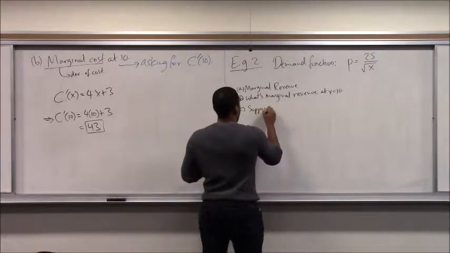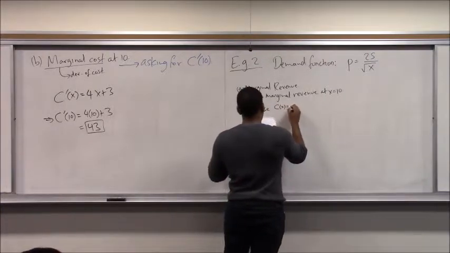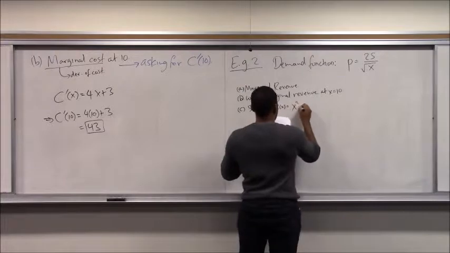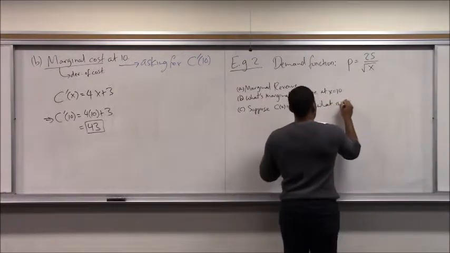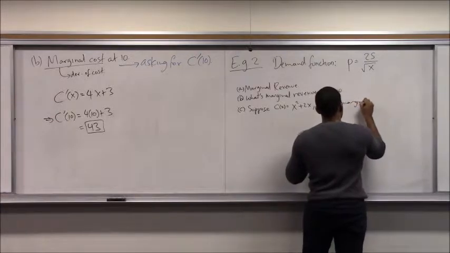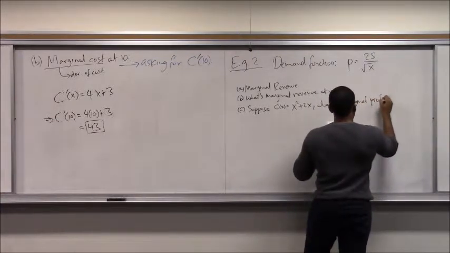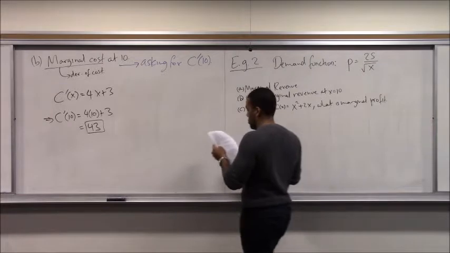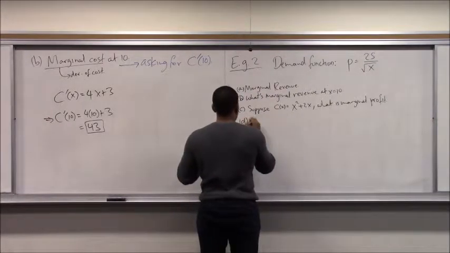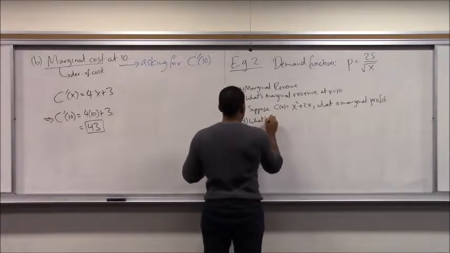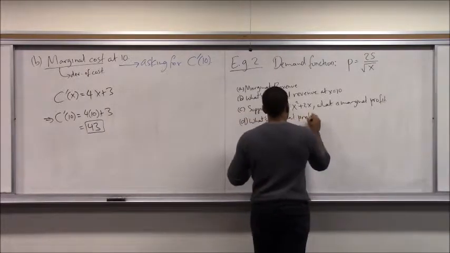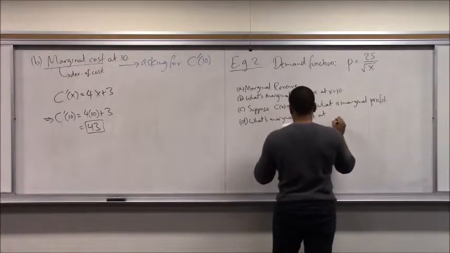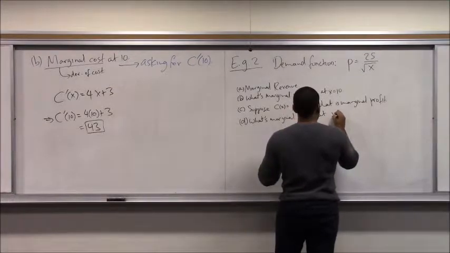Suppose I gave you that the cost function for this product is x squared plus 2x. What is the marginal profit? What is the marginal profit when x equals 100?